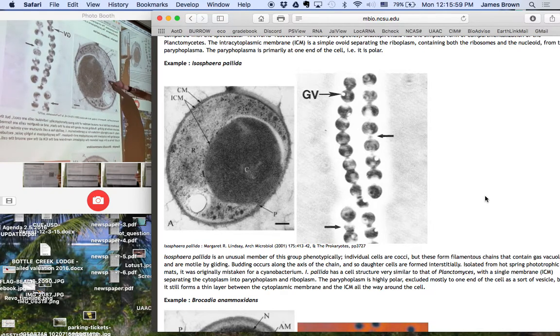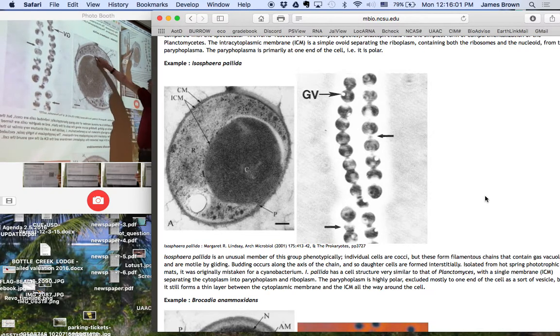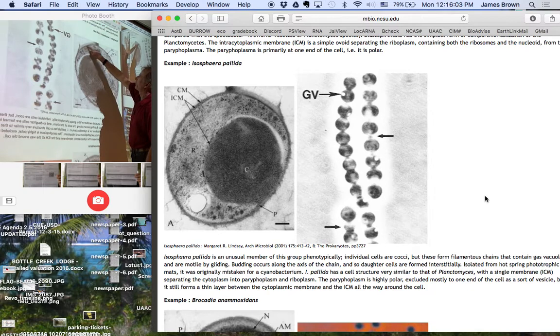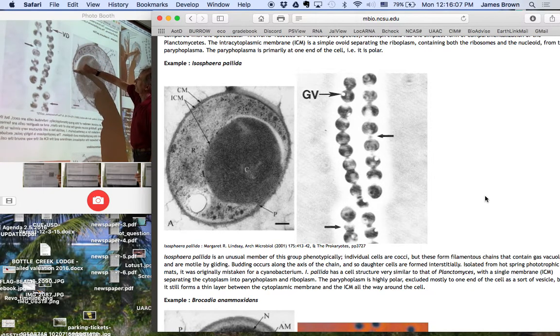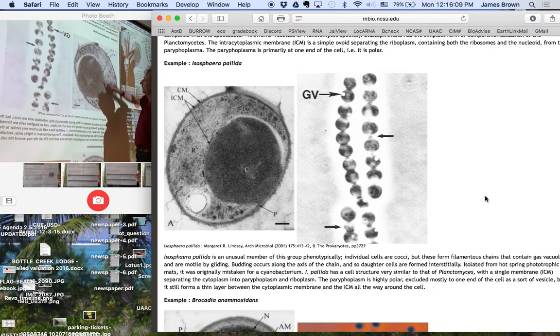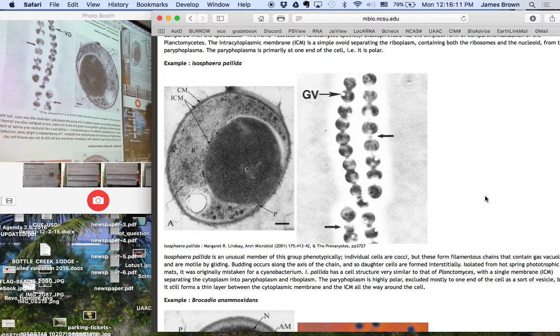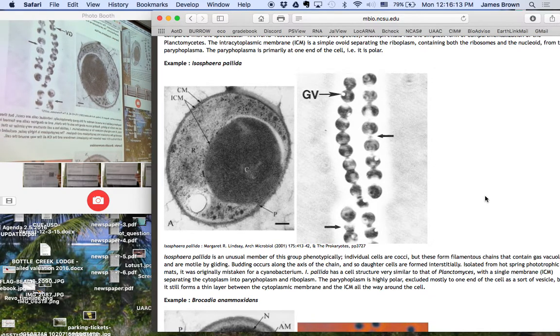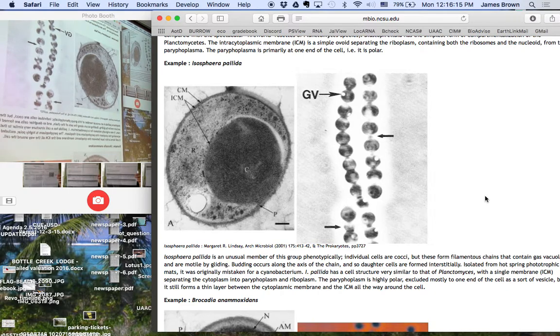Here's the nucleoid right here. These are ribosomes, and so the paryphoplasm is all the way on the outside in a very thin layer, and then it bulges inside the cell like so. This is important because it demonstrates that this is not just the inner and outer membrane and the space in between, right? It's not just periplasm.